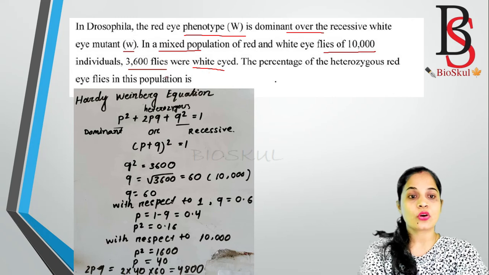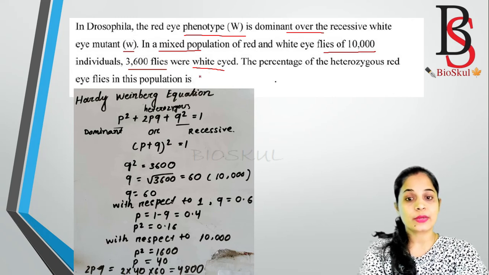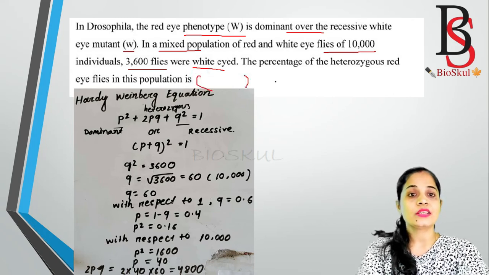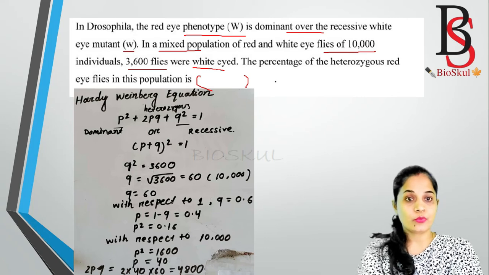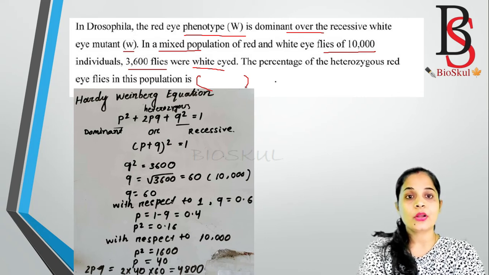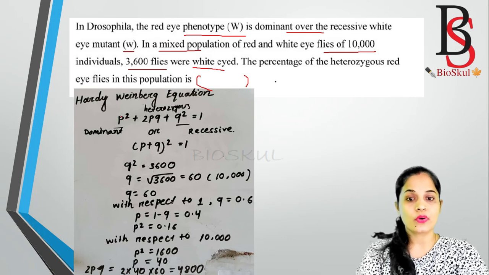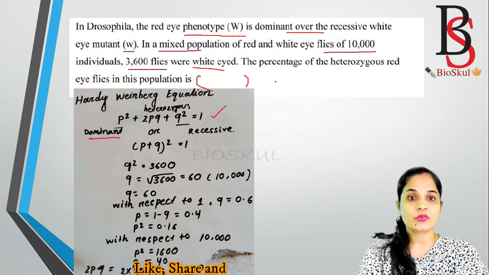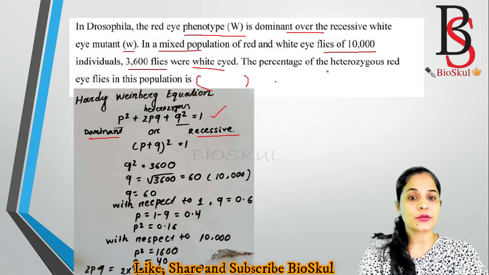The percentage of heterozygous red eye flies in this population is? Okay, so this question is from the Hardy-Weinberg equation. You know what the Hardy-Weinberg equation is? That is (p + q) whole squared equals 1. We can also write it as p squared plus 2pq plus q squared equals 1, where p squared represents the dominant, q squared is the recessive, and 2pq is the heterozygous.